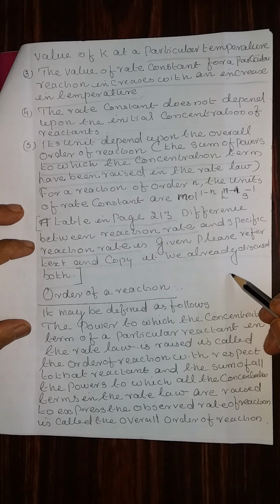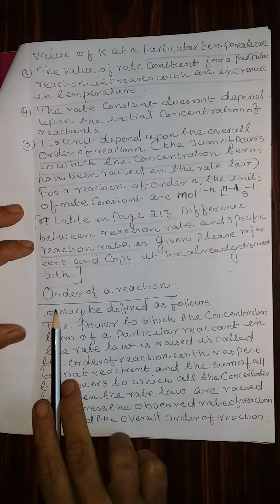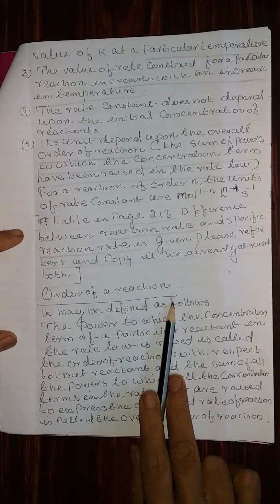For example, comparing the law of mass action, which is based on the stoichiometric factors, we learned that the rate of reaction cannot be determined in an accurate way by the law of mass action. And we said experimental data is more important than the stoichiometric factor. Based on those experimental factors only, we are going to discuss the order of the reaction.